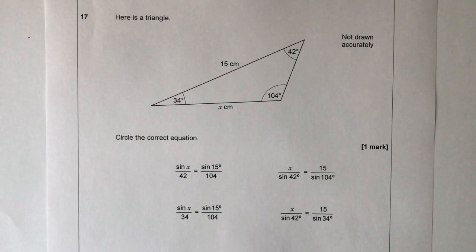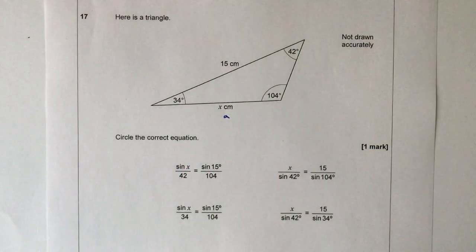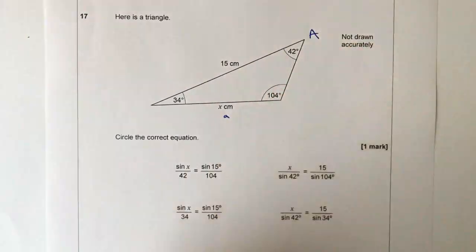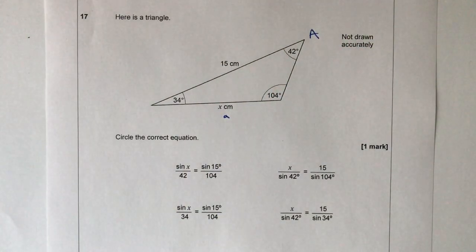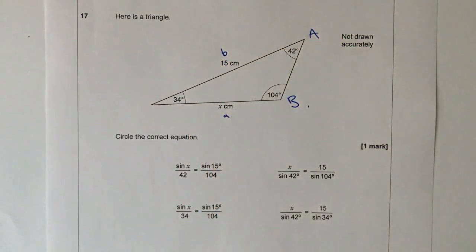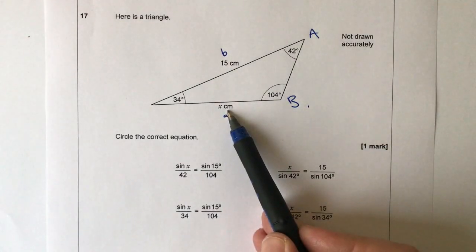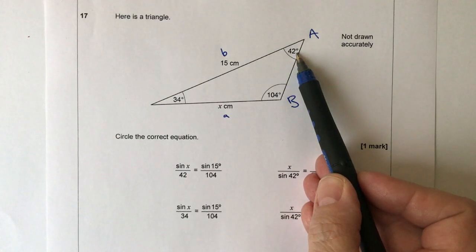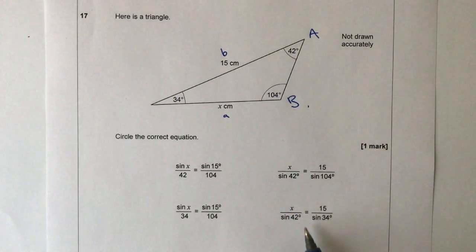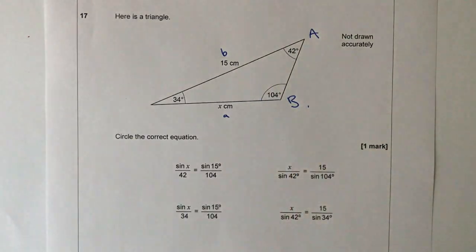Okay, so what I'm saying here is that if I call this A, which is the x bit of it, then it follows that the opposite angle to that is capital A over there. Okay, and if I call this B, the opposite angle is capital B. Okay, and if I work that out, I can say that actually x over the sine of 42, so it's going to be that one or that one, is equal to 15 over the sine of 104.